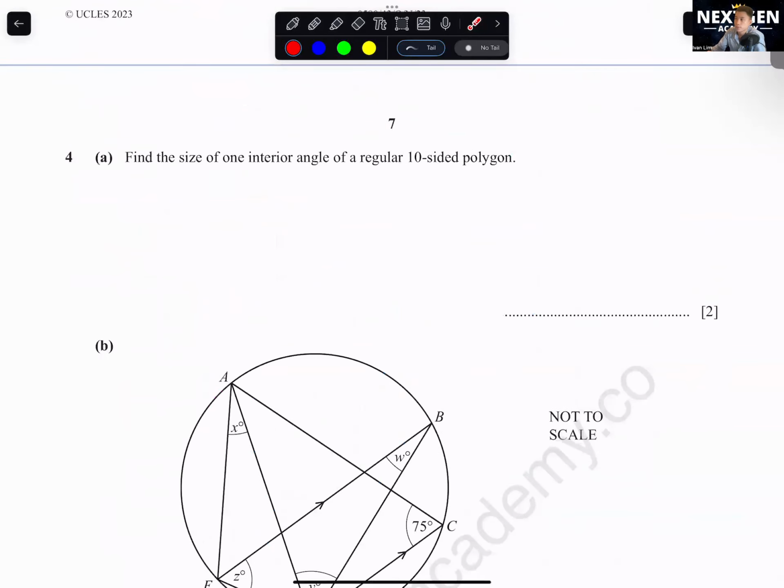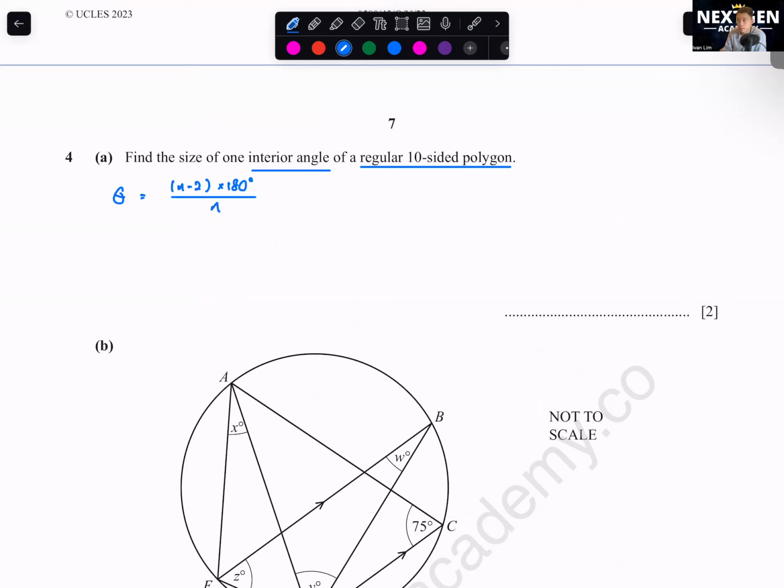Question 4a. Find the size of one interior angle of a regular 10-sided polygon. This one is purely formula. What is the regular 10-sided polygon interior angle formula? The angle is (n minus 2) times 180 degrees over n.